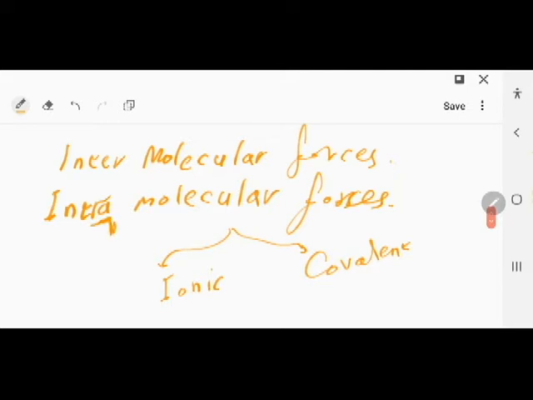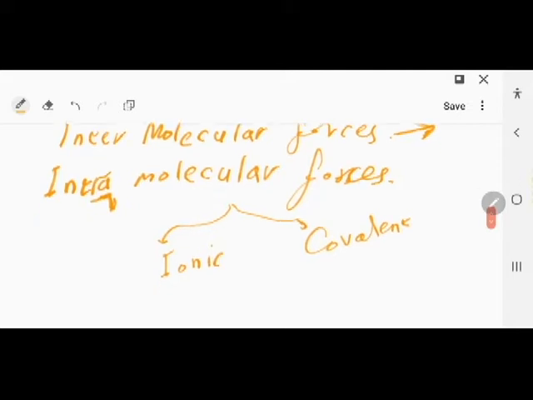So when we are talking about a molecule like water, for example, the intramolecular force inside the water molecule is a covalent bond. While when we are talking about intermolecular forces, we are talking about forces between molecules.